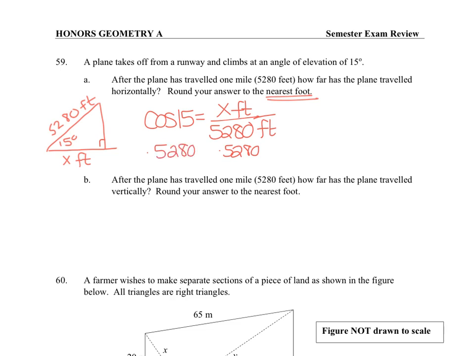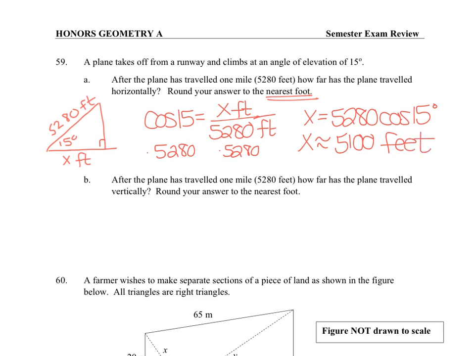And I'm going to get that x equals 5,280 times cosine of 15 degrees. When I put that in my calculator, I'm going to get approximately 5,100 feet, rounded to the nearest foot.